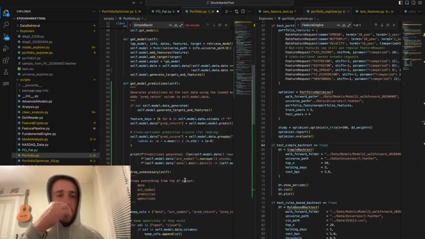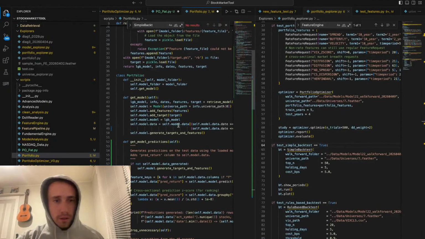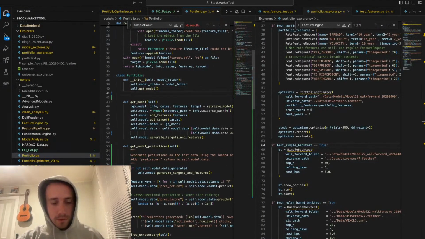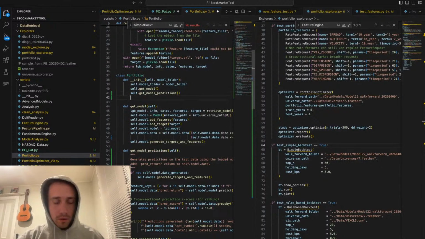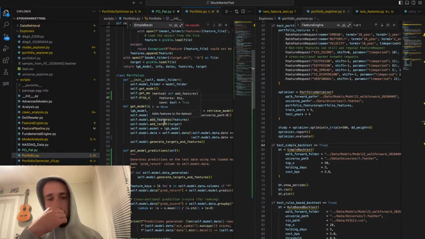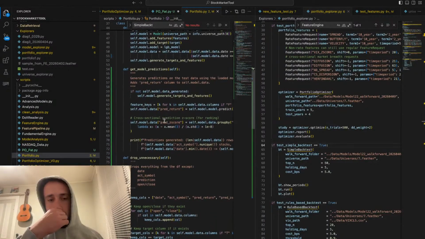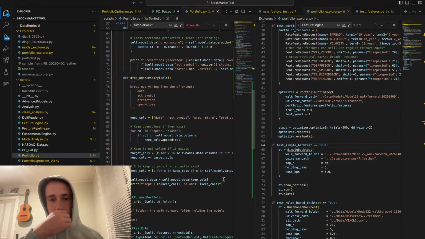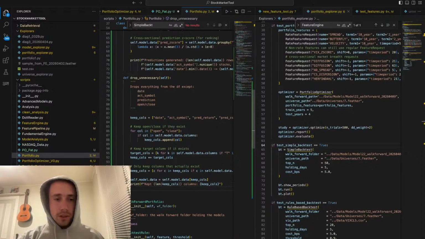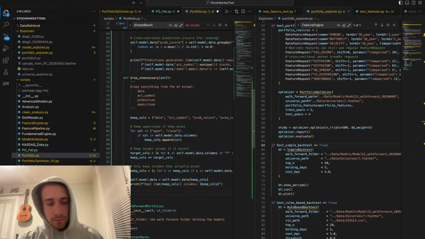Drop unnecessary, get model prediction. So get model, then get model predictions. And then let's save it so I don't need to keep reading it in every time.